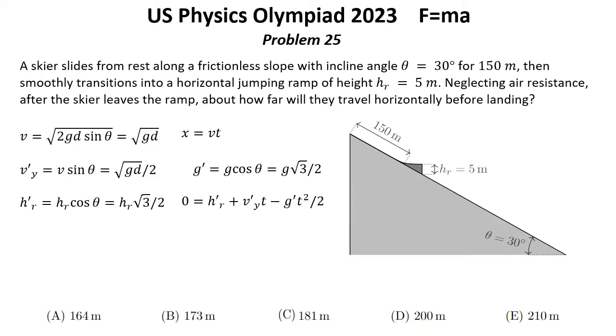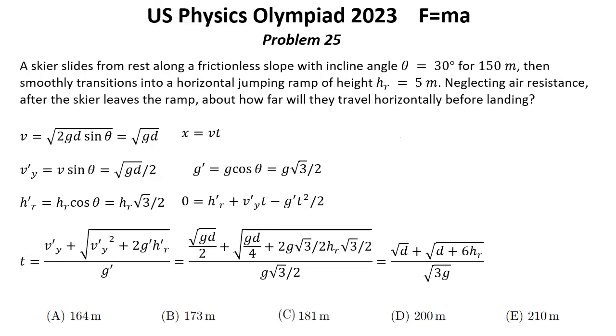So the final height equals 0, and that equals the initial height plus the initial vertical speed multiplied by time minus the downward acceleration multiplied by t squared over 2. And the time will be the positive root of this quadratic equation, which is this one.